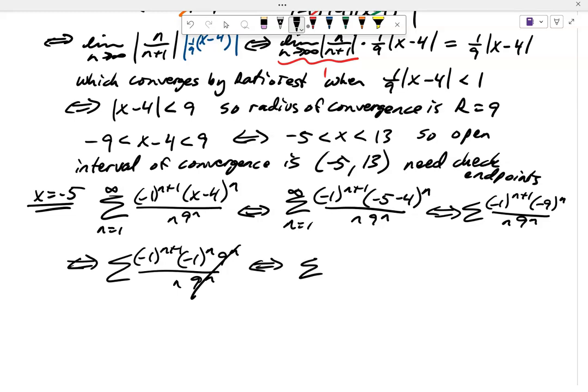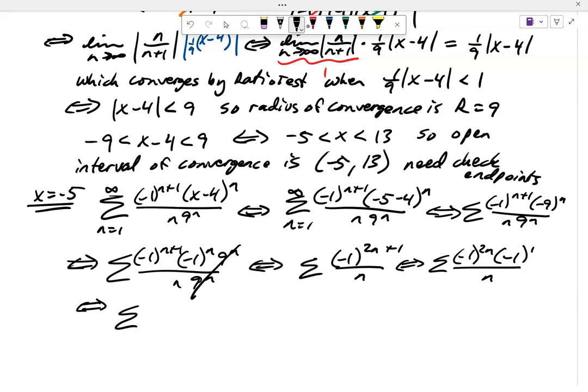So we got -1 to the n plus 1 plus n. Well, -1 to an even power is always positive, so we just end up with -1 over n.